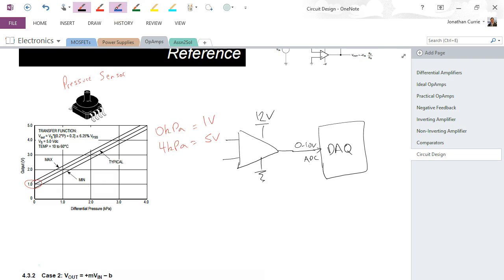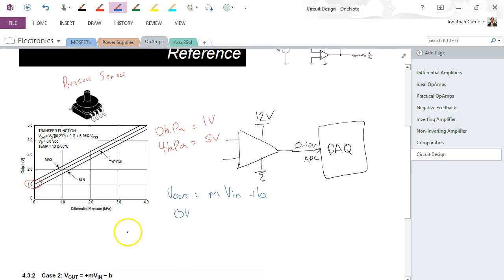The way we can do that is we can write down a set of linear equations for our op-amp. We can say that the output voltage is a linear function of the input voltage, so M times V in plus B. We can write down our two equations based on the extreme points of our sensor.